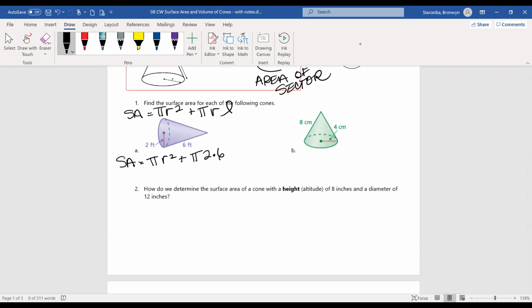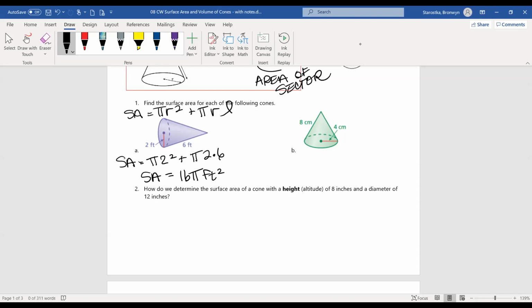Oops, why did I put a r squared there? We already have that. 2 squared is 4. 2 times 6 is 12. So 12 plus 4, surface area, 16 pi. You could plug it into your calculator, but I'm not going to do that right now.